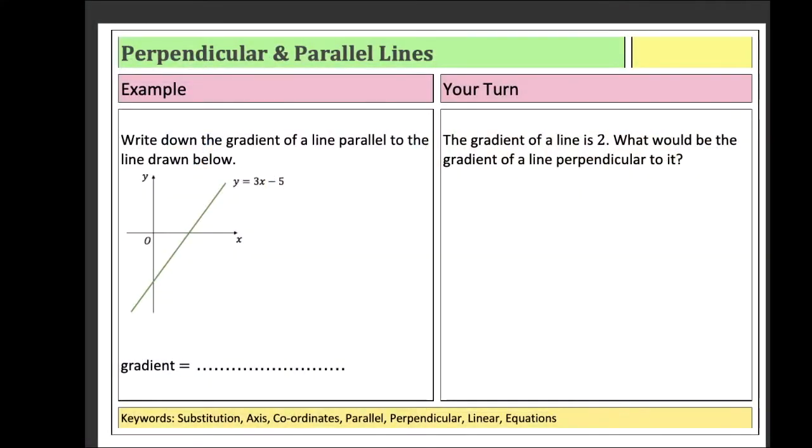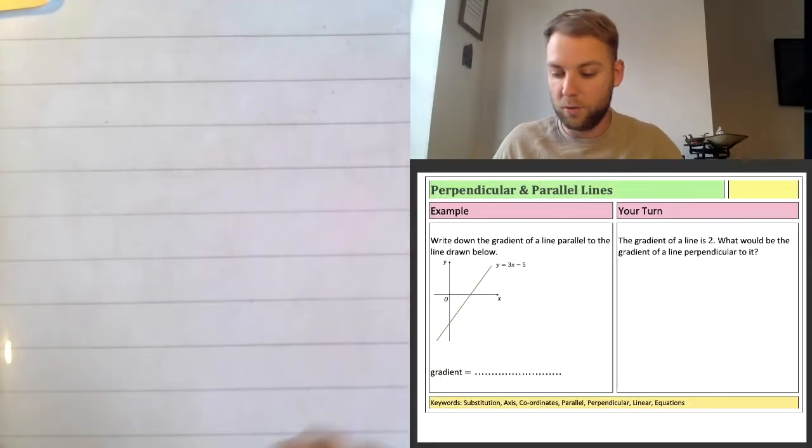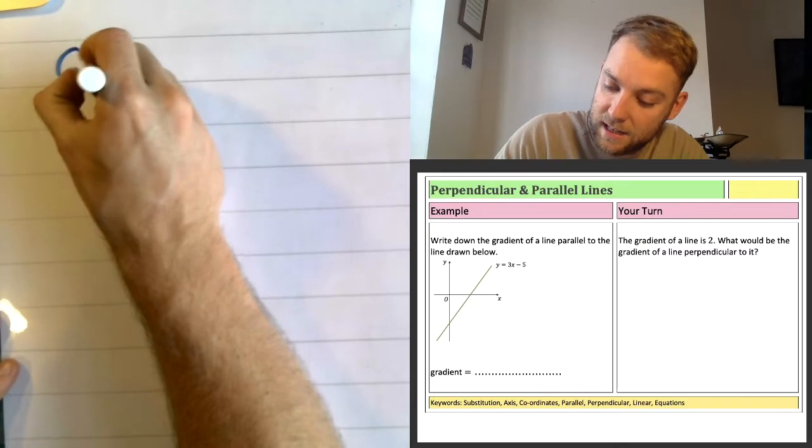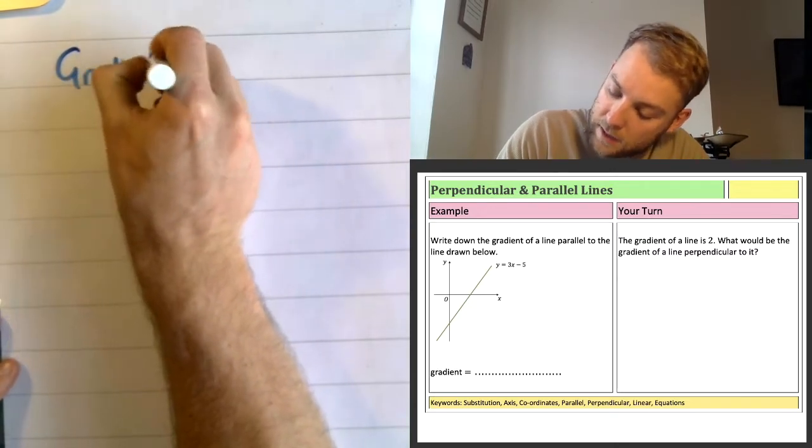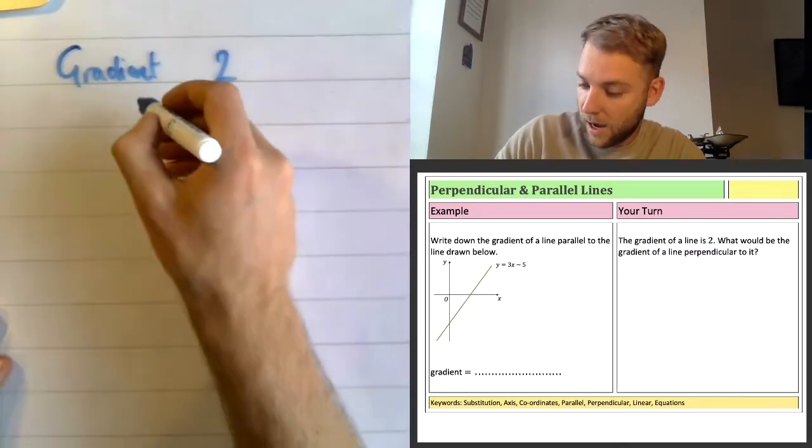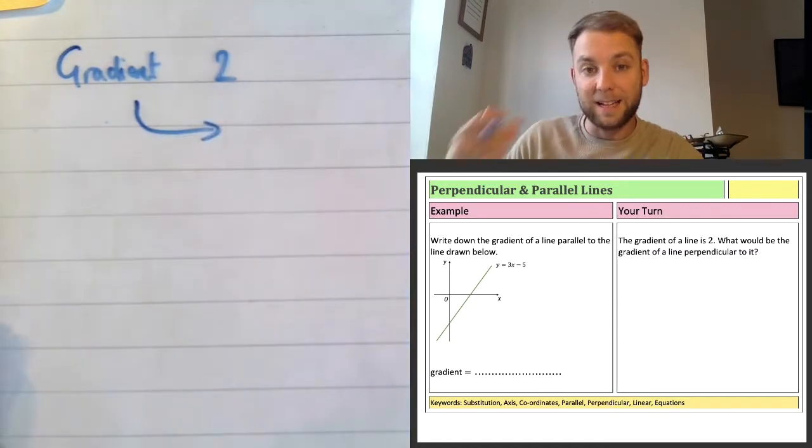Okay, so let's have a look at the next one then. The gradient of a line is 2. What would the gradient of the line perpendicular to it be? So it hasn't actually given us the equation of the line this time. It's just telling us that the gradient is 2. So I know if the gradient is equal to 2, the perpendicular is going to be the negative reciprocal of this.